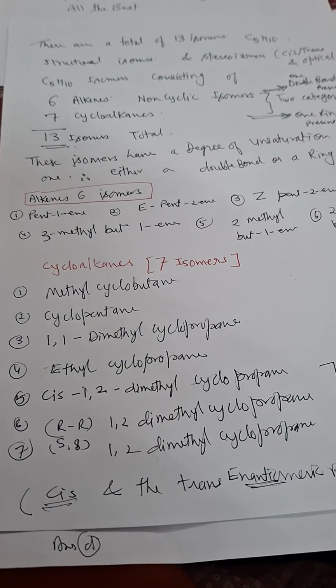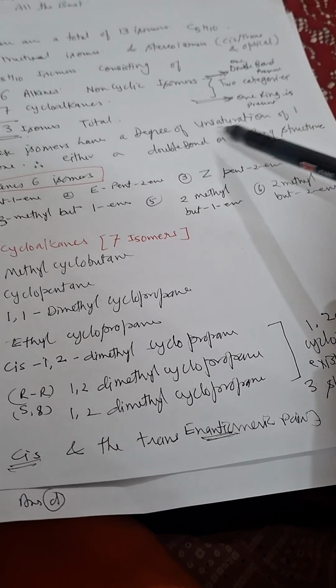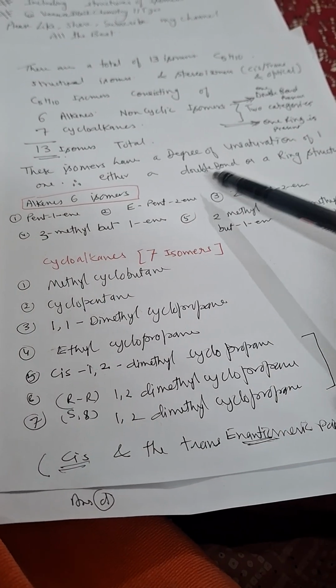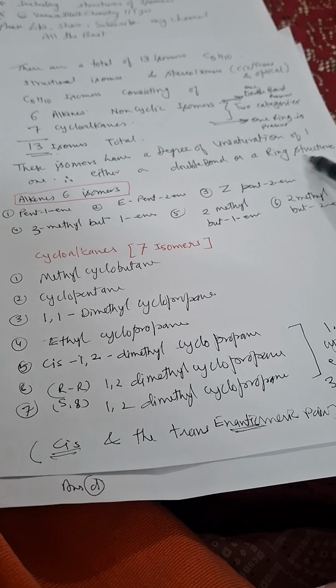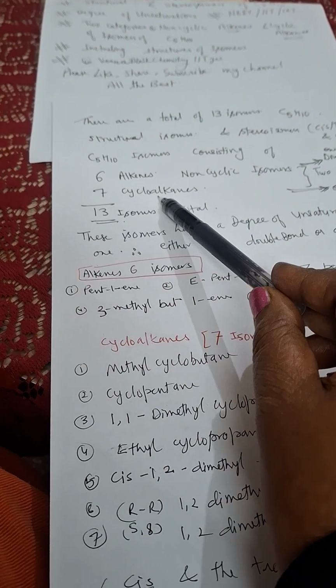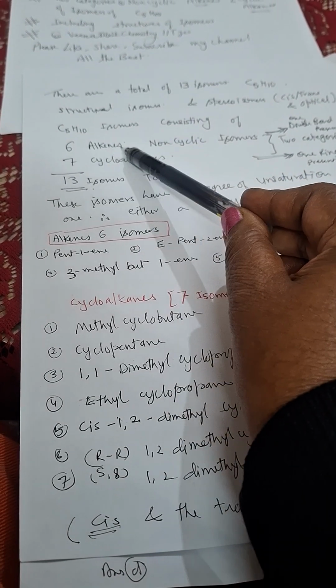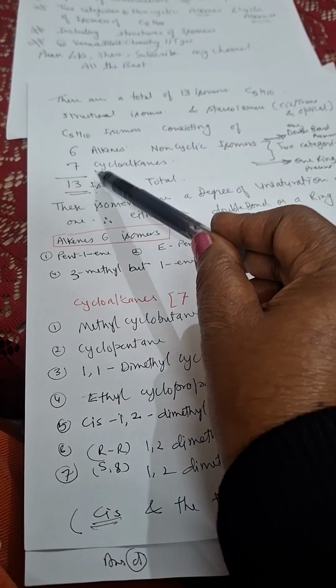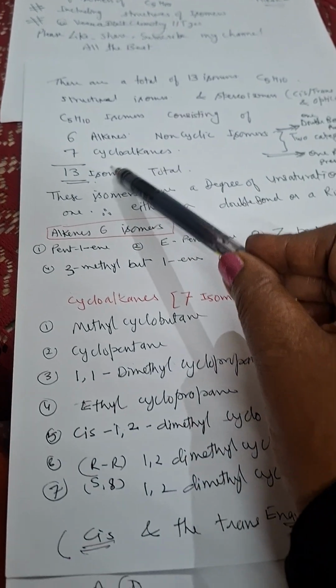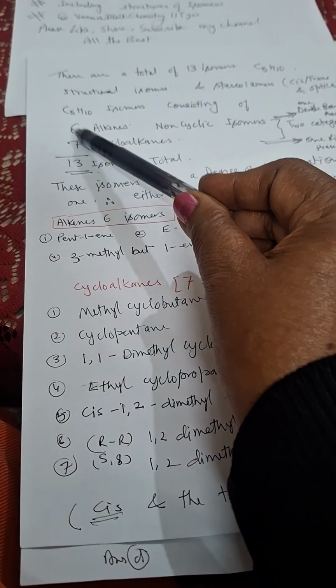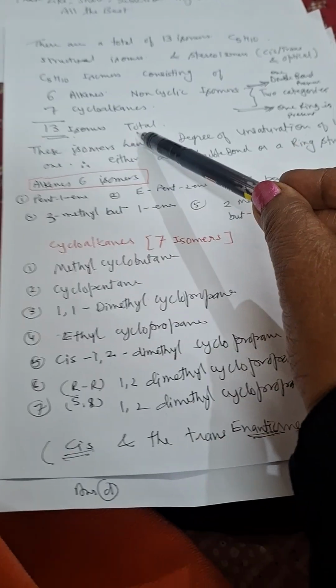Degree of unsaturation is 1, meaning either one double bond or one ring structure will be present. That is why we get two categories: alkene, the double bond containing compound, and cycloalkane, the cyclic compound. So 6 plus 7, 13 isomers in total.